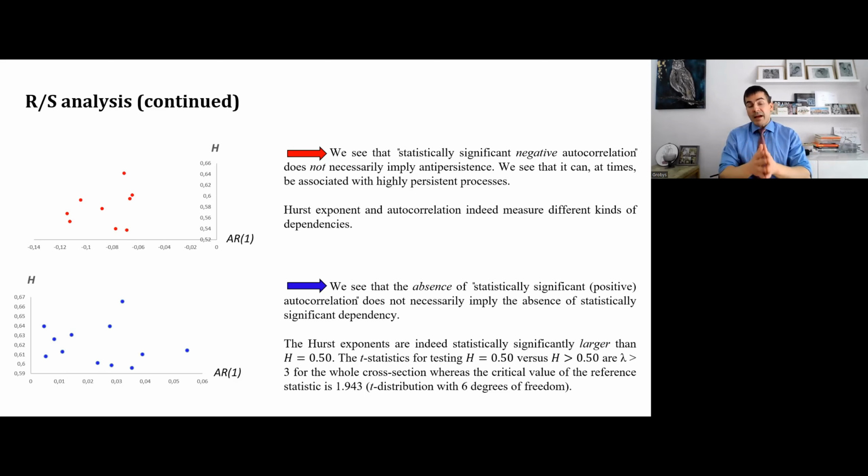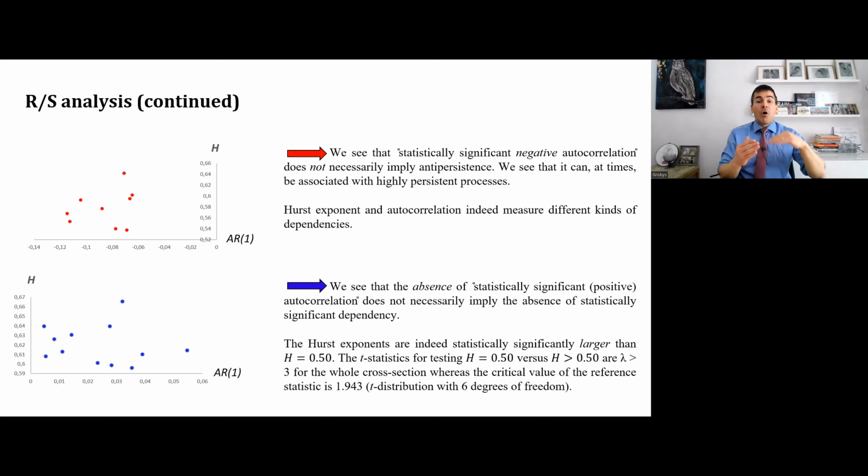So what next? I also estimated the corresponding Hurst exponents for those firms that had a positive but insignificant autocorrelation. Statistically, we would argue that we have an absence of autocorrelation, because the positive autocorrelation parameter was statistically not different from 0.